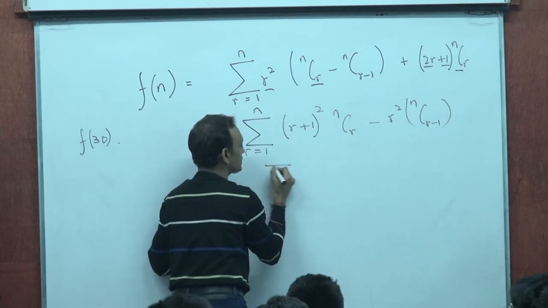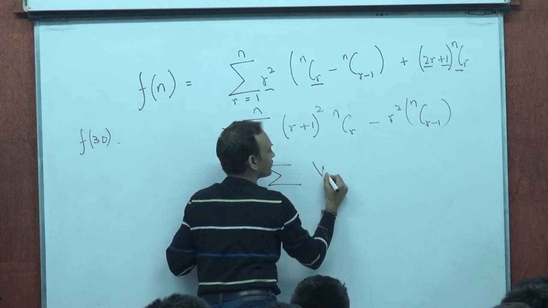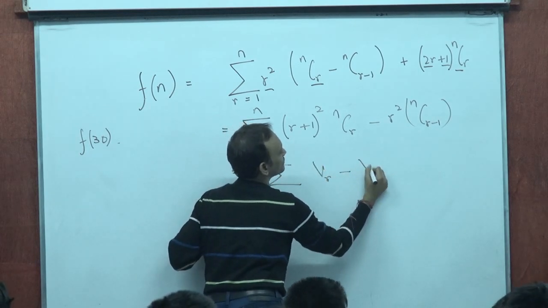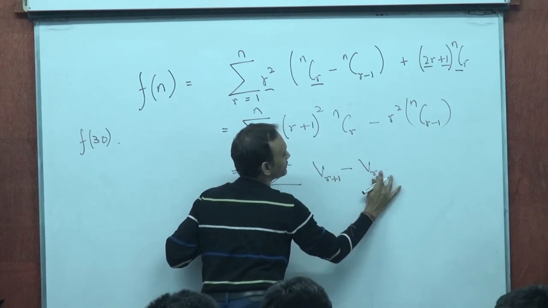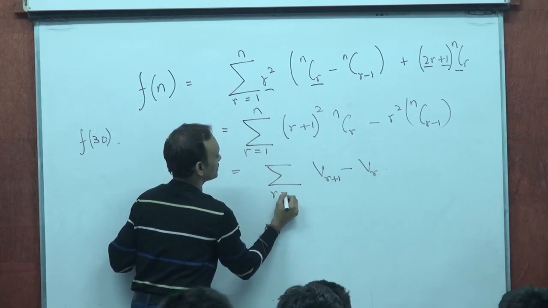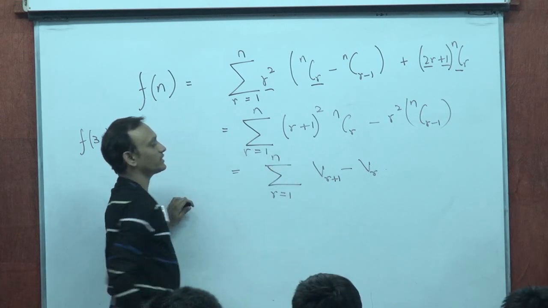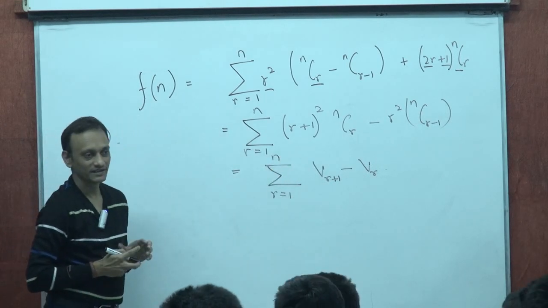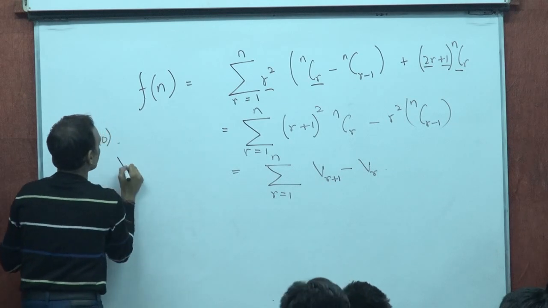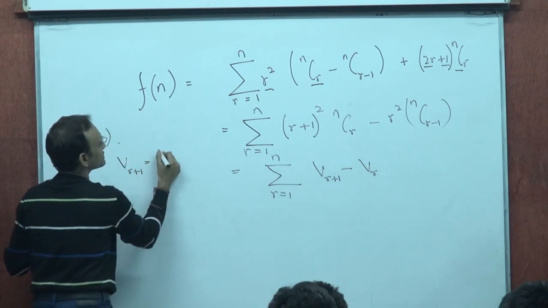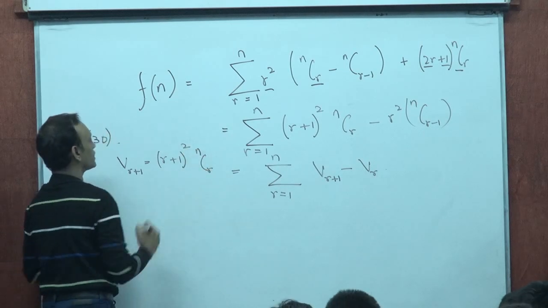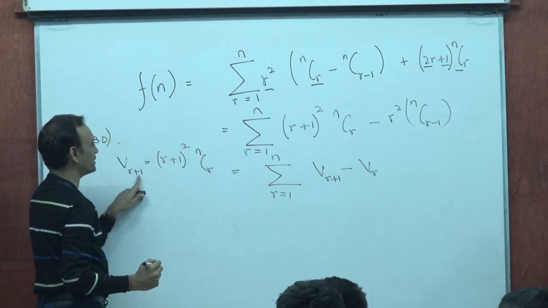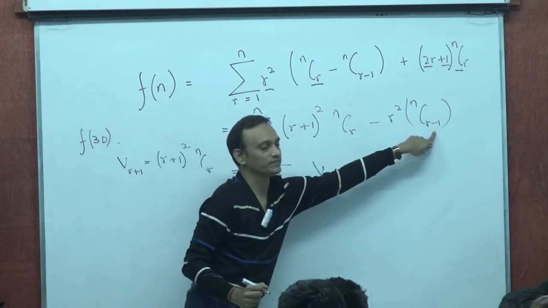Can I write this as the summation of V_(r+1) minus V_r, r equal to 1 to n? Can I say this? It telescopes, where V_(r+1) is (r+1)^2 nCr. Therefore, V_r would be obtained by replacing r by r-1, which would be this term.